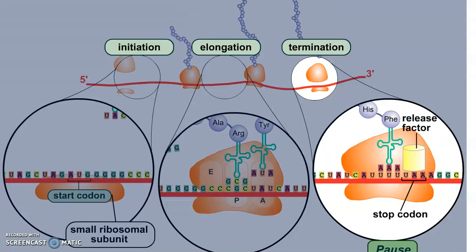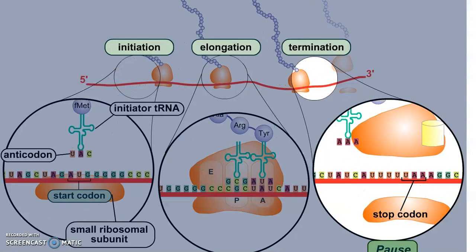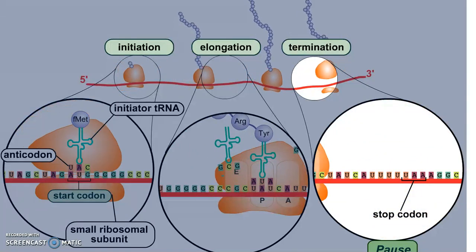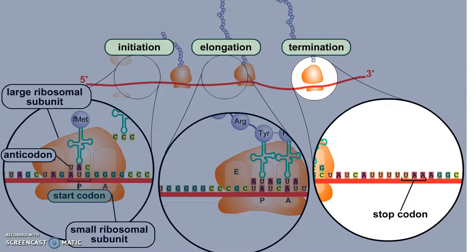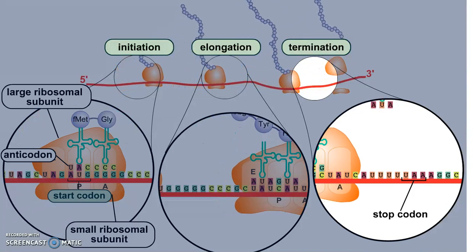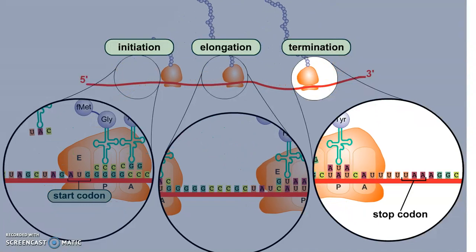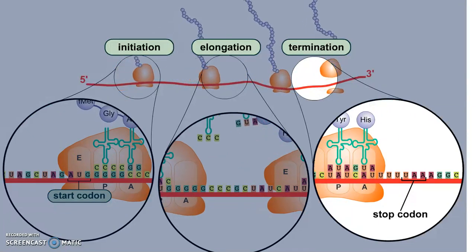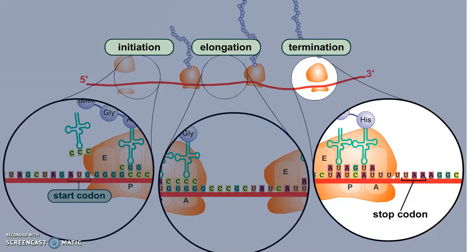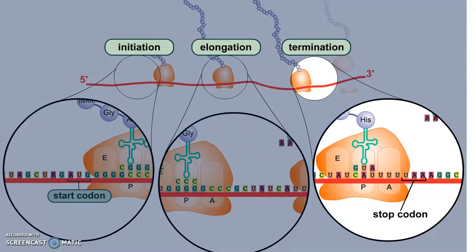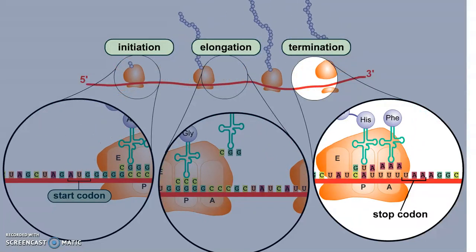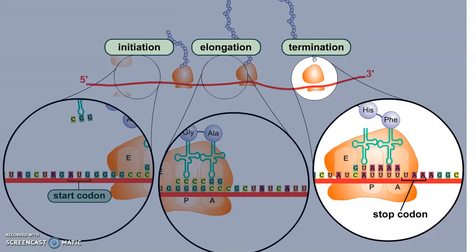So hopefully this process helps you to understand how we can look at the different stages of translation and see how these ribosomes are playing a role in this process of taking that information from a gene, turning it into a message, transcription, and then taking that transcript, your message, and the ribosome is going to translate that into amino acids.